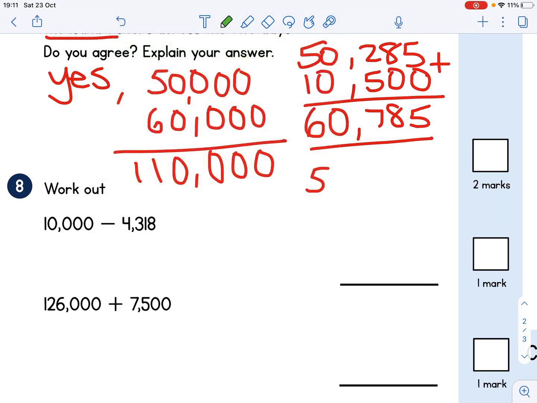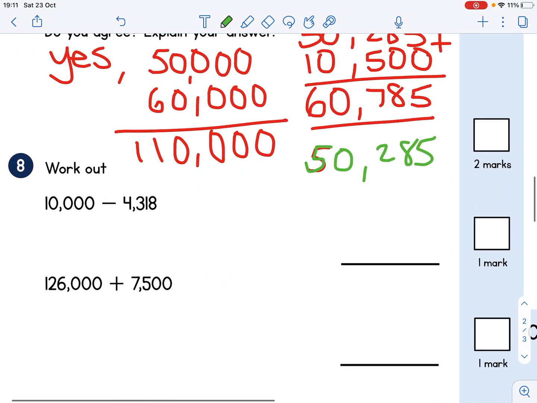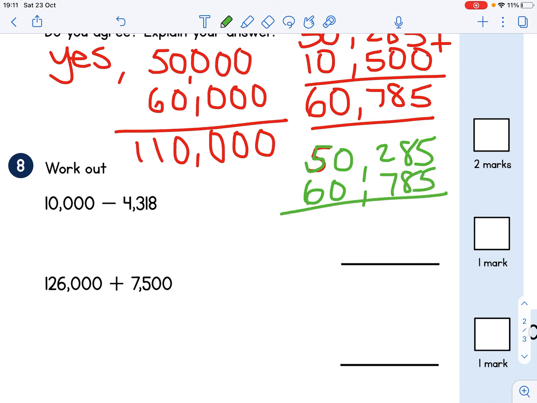So I'll just change colour so you can see. If I did how many on Saturday, which was 50,285, and then on Sunday, that was 60,785. If we added them together properly, then we would end up with more than 100,000.